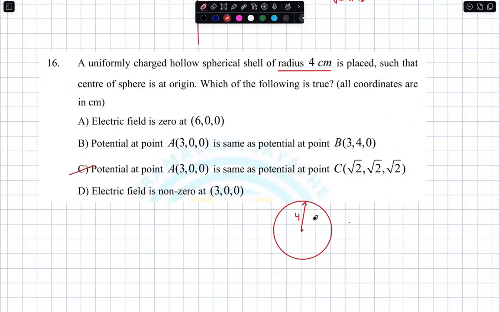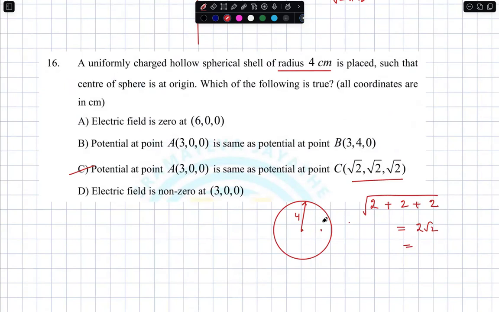See, every point inside as well as every point on the surface. If, for example, you select a point, this point lies inside this shell. You take this point, for example, 2, 2, 2. Radius is square root of x square plus y square plus z square. This is root 8, 2 root 2. In fact, this is also less than 4.